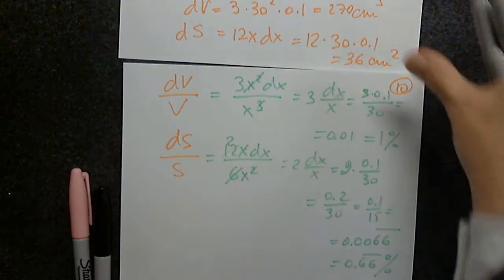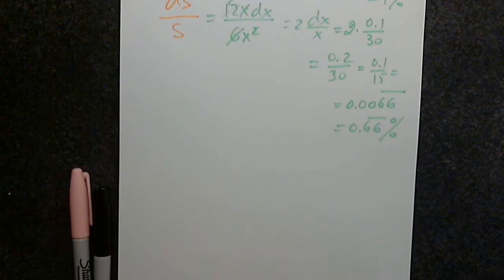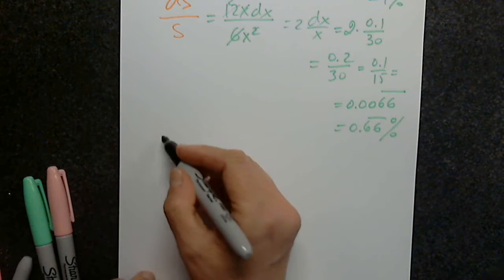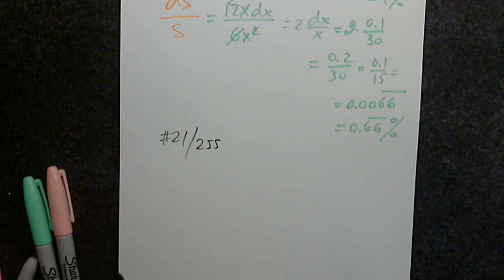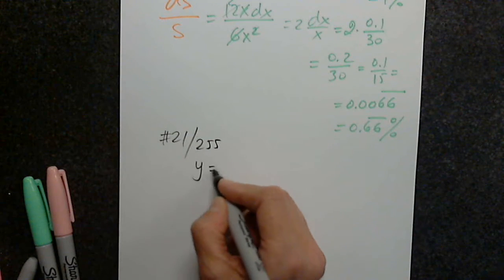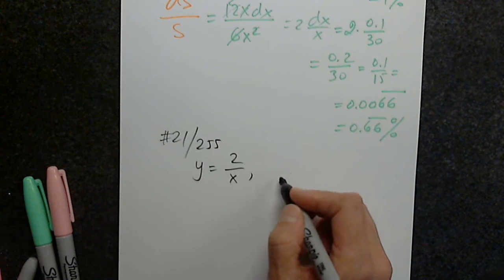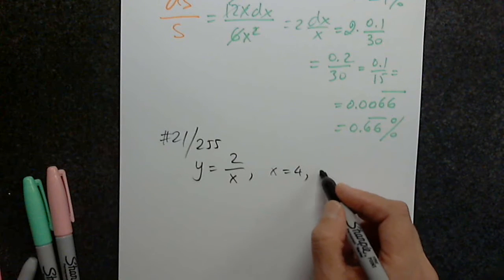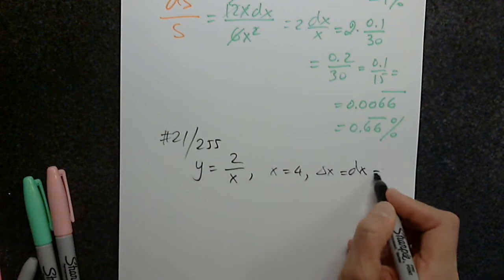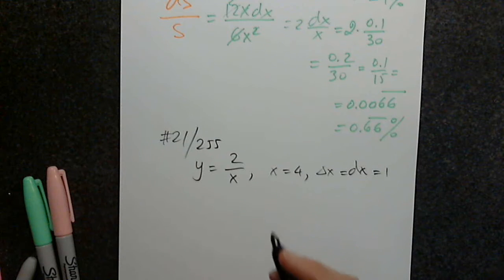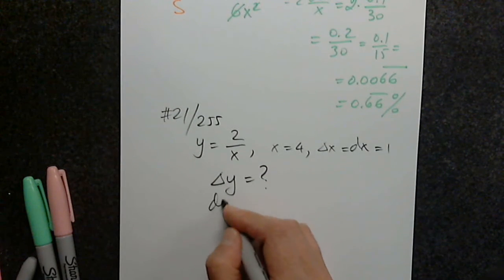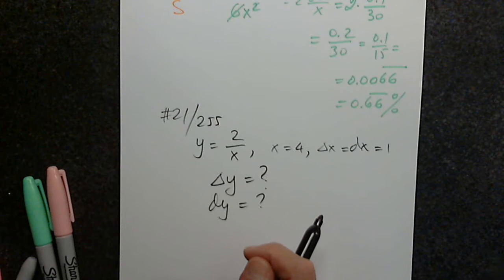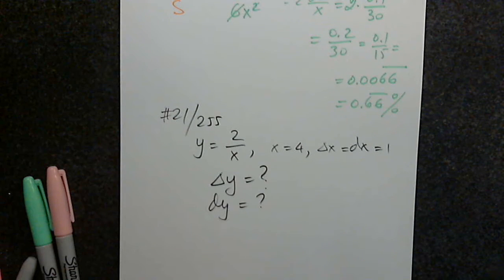2 over x. So 21. Still page 255. And we are given y equals 2 over x, x equals 4, and delta x, which is the same as dx, is 1. They want us to find delta y. They want us to find dy. And that's it.